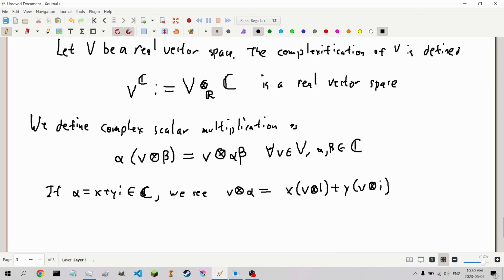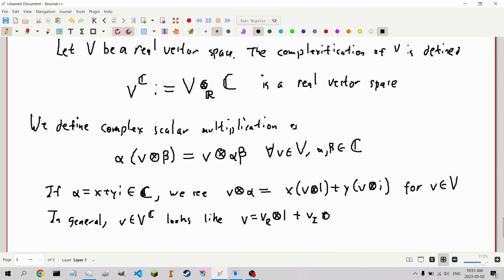So in general, this first case is for v in our original vector space, and v in our complexification in general is going to look like v equals v_R tensor 1 plus v_I tensor i, for v_R and v_I being two real vectors.